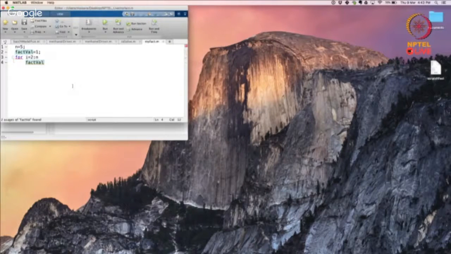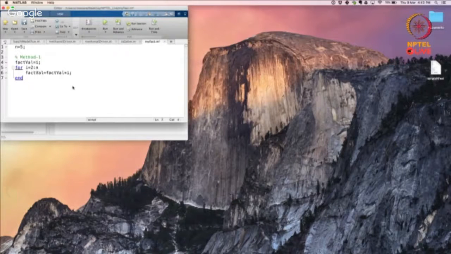Okay, so n equal to 5, fact val equal to 1, for i equal to 1 to n, fact val is fact val times i, end. Okay, so this was method 1. This is exactly what one of you asked in your question.